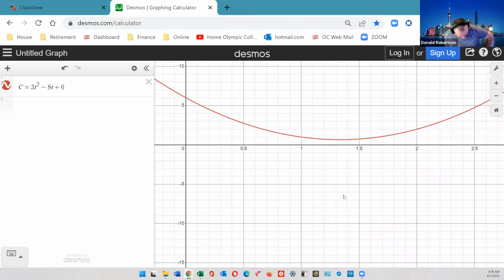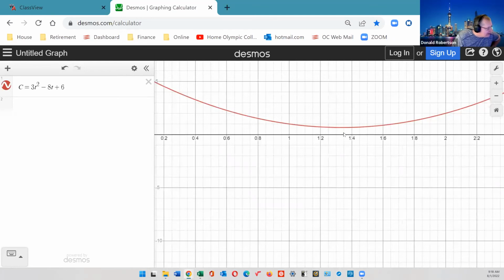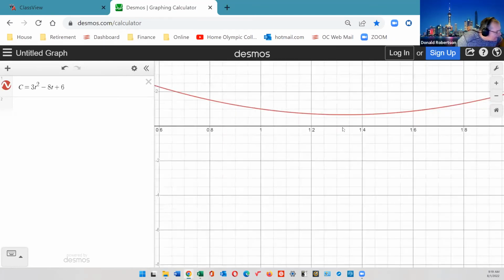I went and said the lowest current is 0. Shouldn't I have just said the lowest point in the curve? Because you notice it's not 0. I just assumed that it was going to be 0. So I'm really glad that I did that. Now, about here. Can I move it a little here? Now, I think Desmos kind of knows what I wanted, so how about 1.33 seconds? That seem reasonable? 1.33.